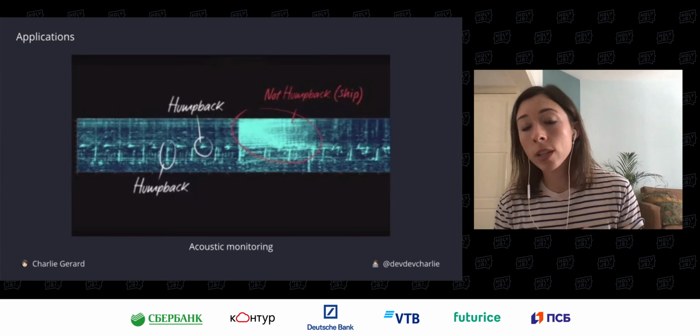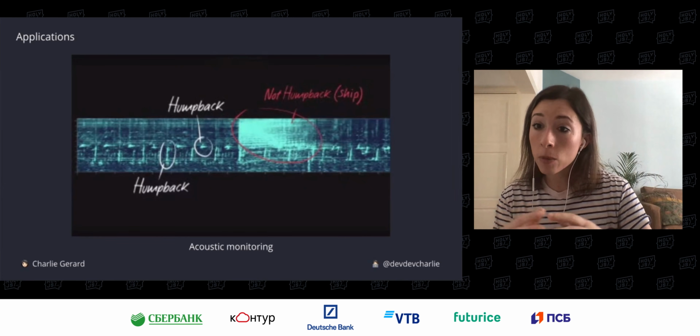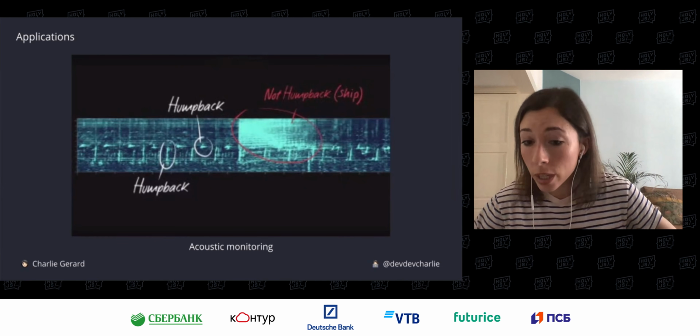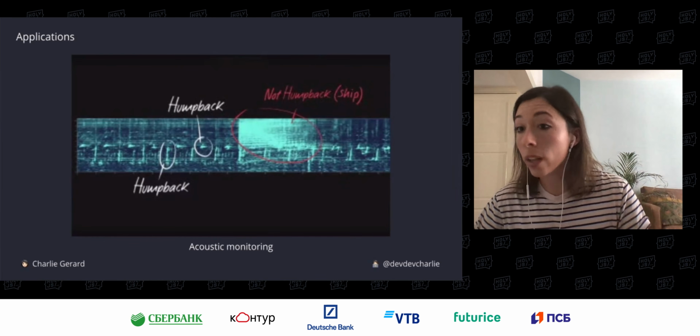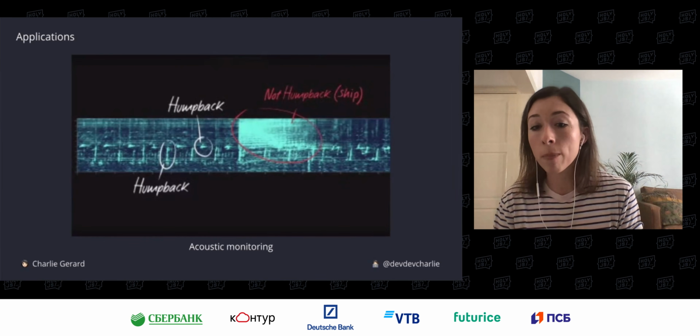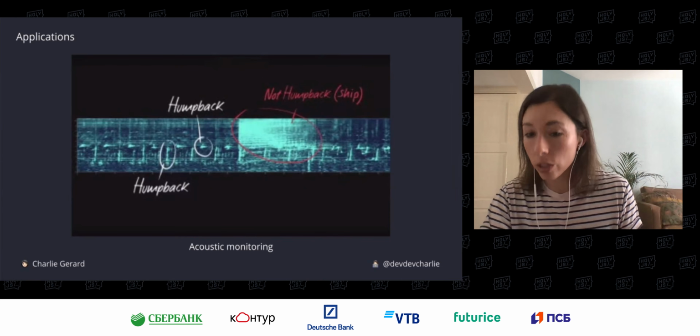And what you could do as well is detect certain ships that go in the water, so you could stop illegal killing of certain whales as well. So you could really use that kind of technology in research.